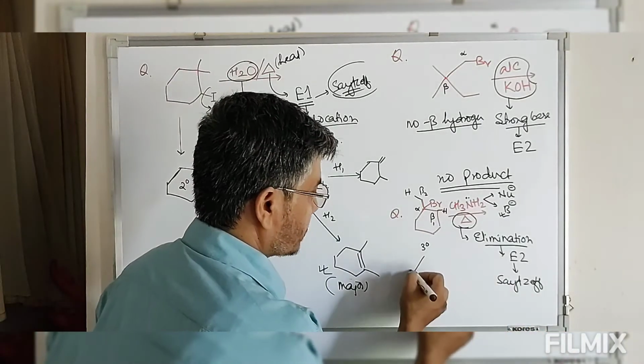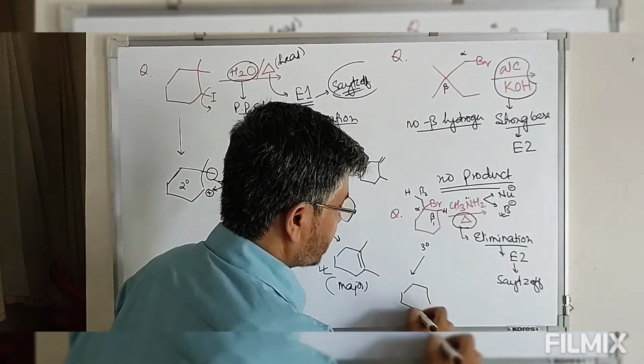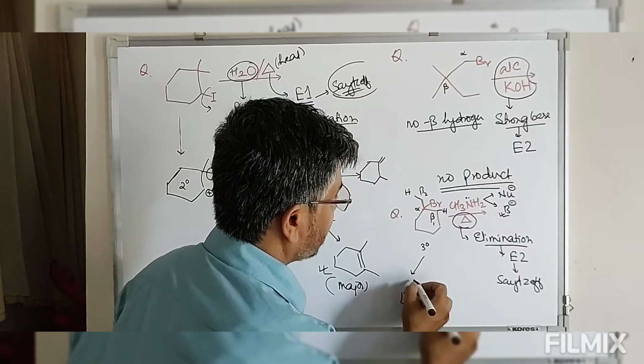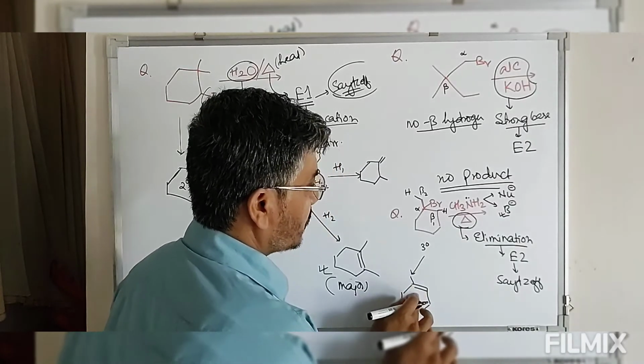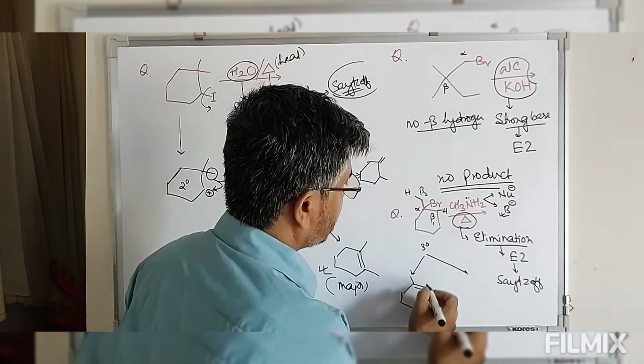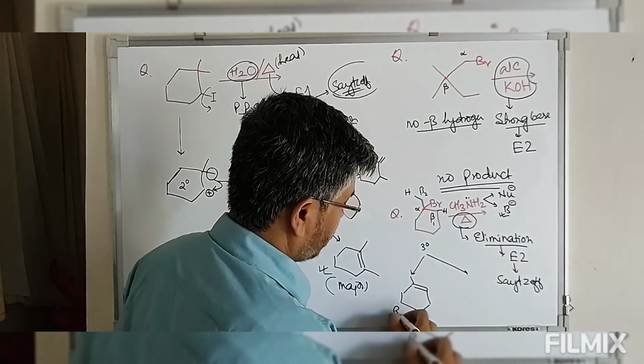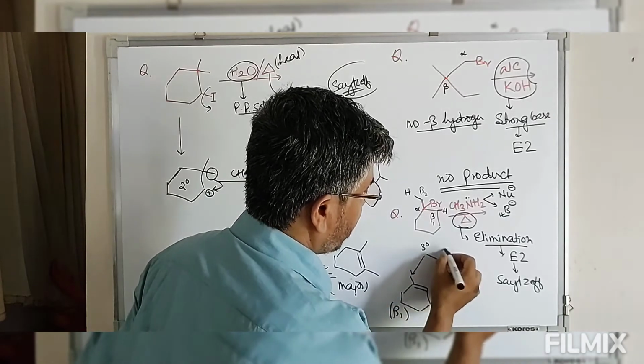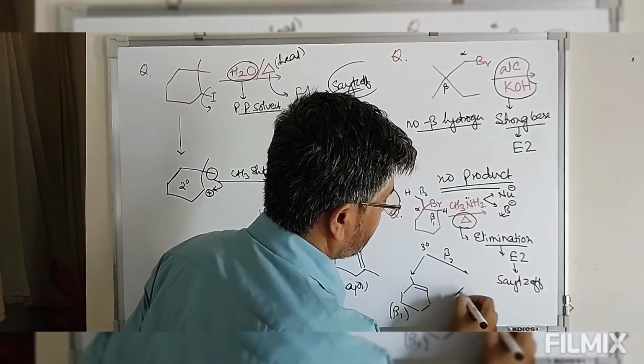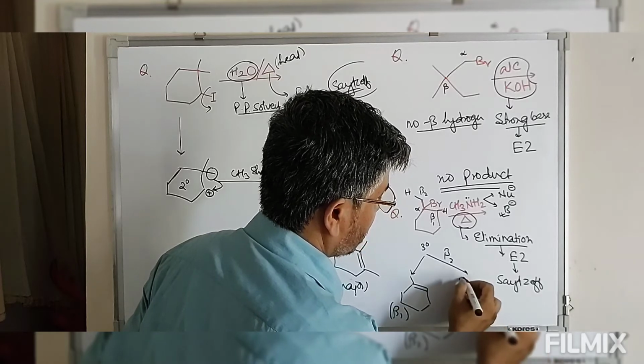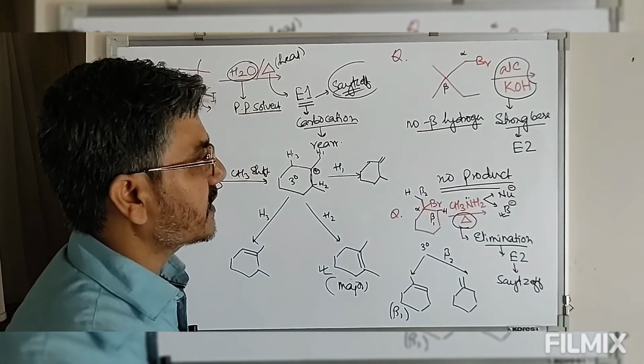Now look at this. By this elimination we can have this one product, suppose by beta 1, and suppose by beta 2 hydrogen, then the product will be this. Now we have to decide what the product formed here should be.